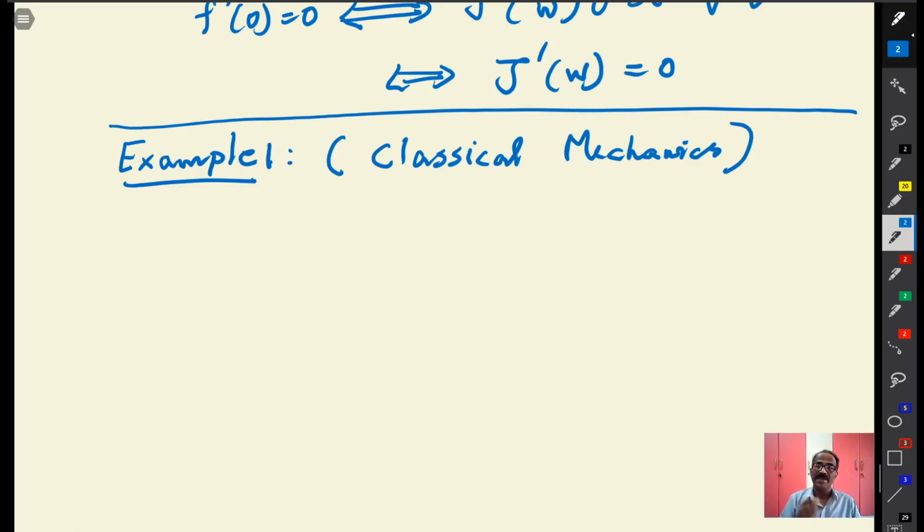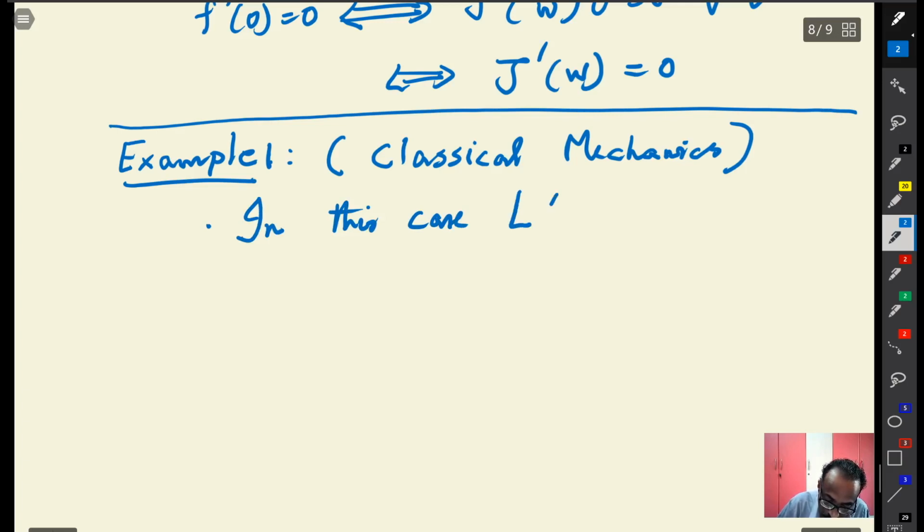The Newtonian world view is a specific choice of L. In this case, L of x, q is m by 2, where m is a constant, mod q squared, minus V of x.